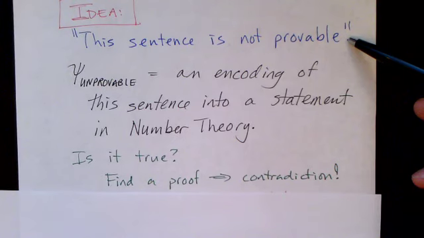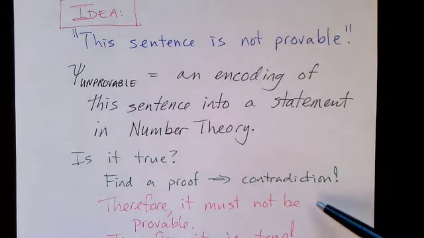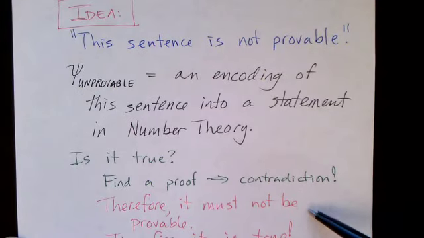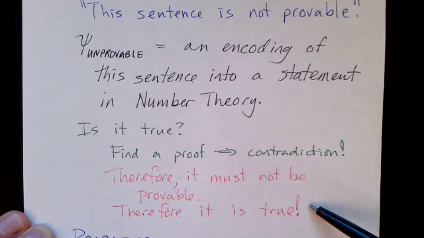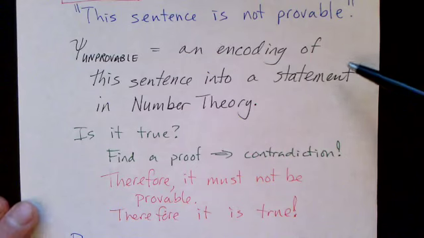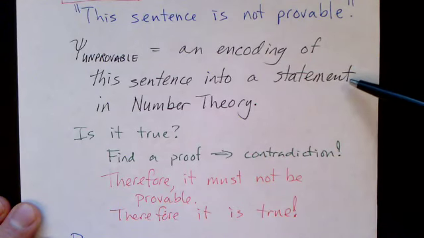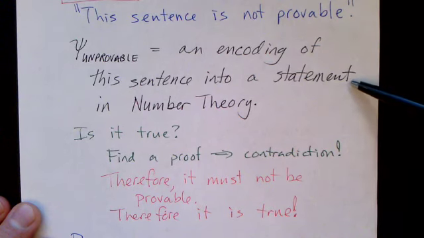It must be true, but not provable. Okay, therefore it must not be provable, and therefore it must be true. So there is an instance of a statement that is true but not provable. And the fact that he encoded it into an arithmetic statement in number theory is where the cleverness comes in.